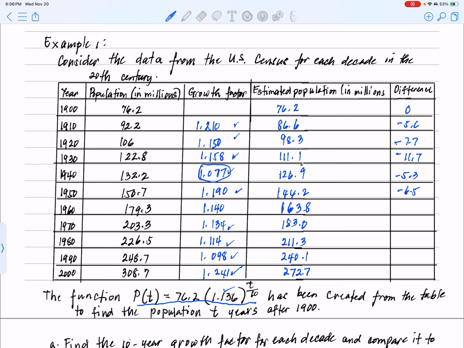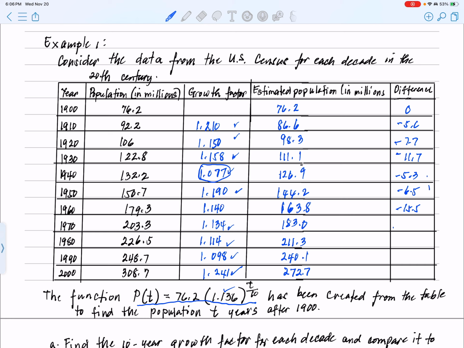Then 163.8 from 179.3, we have a negative 15.5. Then 183 from 203, we have... let's see if I missed something here. 0, 5.6, 7.7, 5.3, 6.5, 15.5, 17.3.